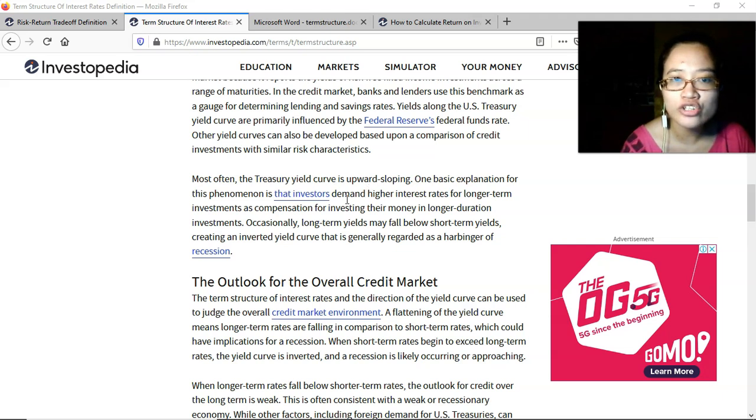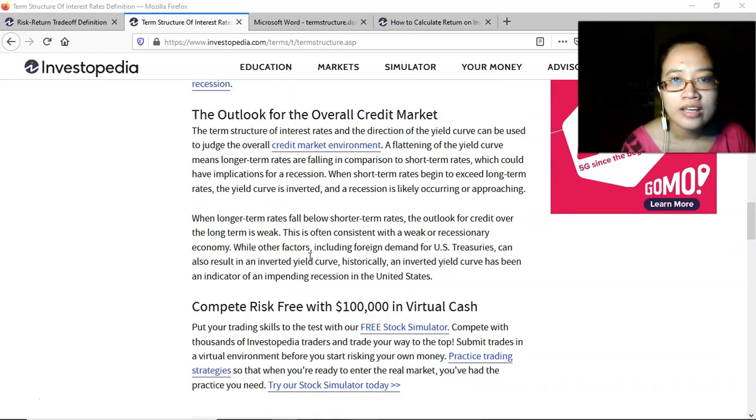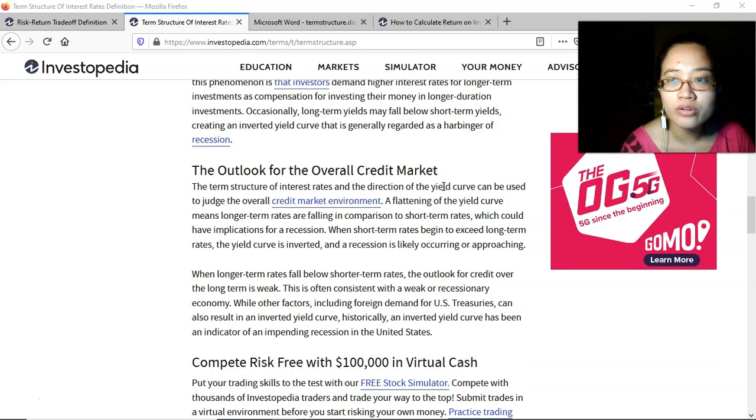One basic explanation for this phenomenon is that investors demand higher interest rates for longer-term investments as compensation for investing their money in longer duration investments. Occasionally, long-term yields may fall below short-term yields, creating an inverted yield curve that is generally regarded as a harbinger of recession. Okay? And then lastly, outlook for the overall credit market.